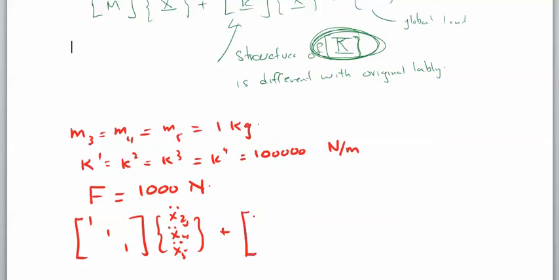This is 200,000, 2 times 10 to the 5, and there's a 0, there's a minus 10 to the 5, there's a minus 10 to the 5, there's a 0, 2 times 10 to the 5, minus 10 to the 5, minus 10 to the 5, 0.